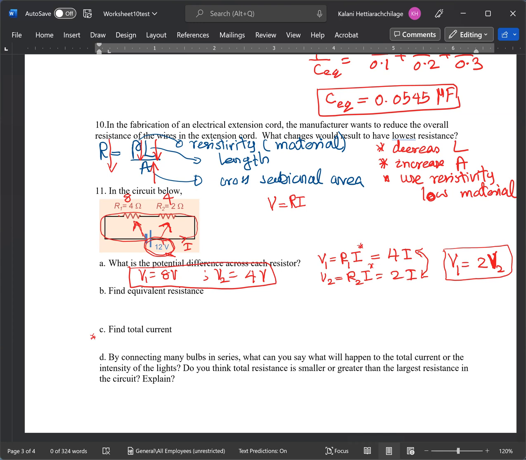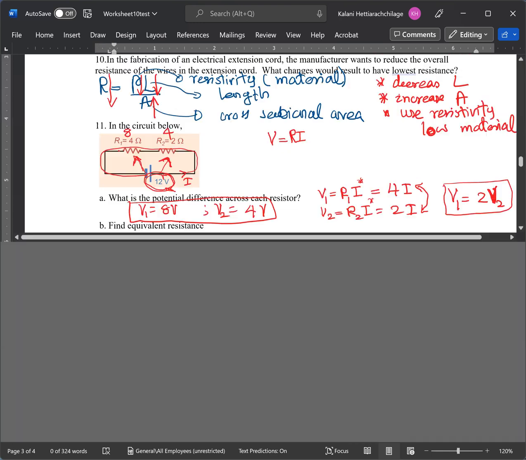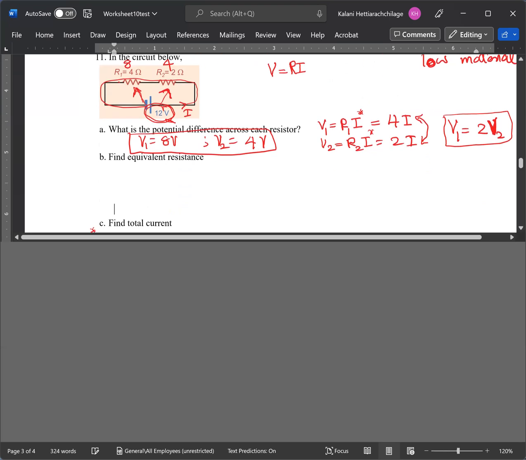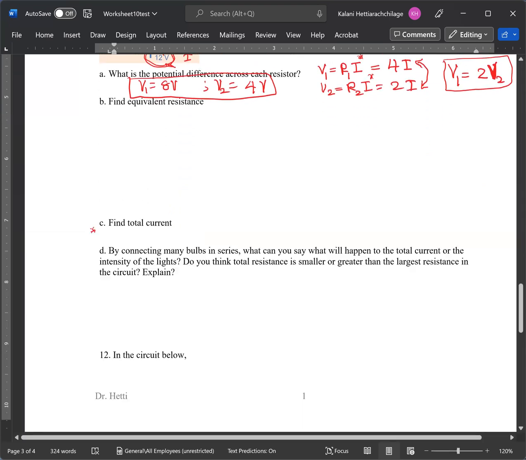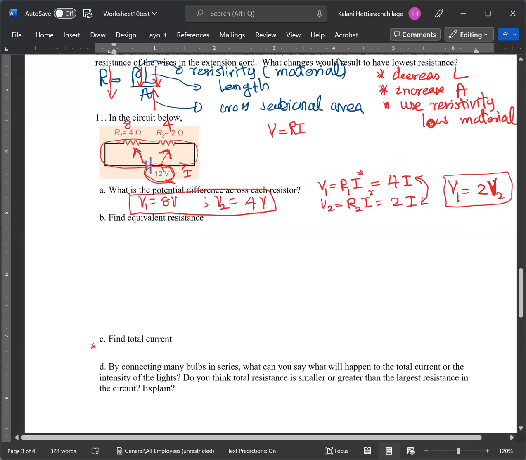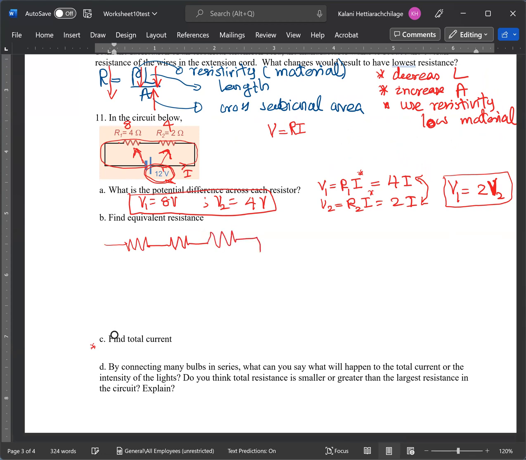Similar to the capacitors, resistors also can be connected in series and parallel. When they are connected in series, I'm going to review that a little bit. When you connect resistors in series, that means you can have one resistor, a second resistor, a third resistor. It doesn't matter how many resistors you connect in the circuit. R1, R2, R3.